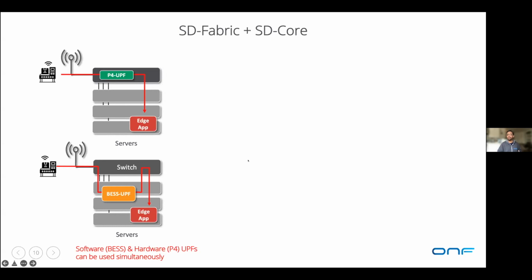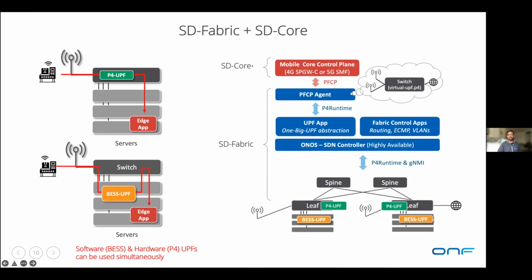Let me give you a brief glimpse of how this looks in the stack. Here's your SD Core mobile core control plane, using the PFCP protocol, which talks to a PFCP agent that is part of SD Fabric. What this PFCP agent thinks is that it is working on a single UPF. The PFCP agent has this imagination that your RAN nodes are connecting to a UPF and then on to edge applications or the internet.